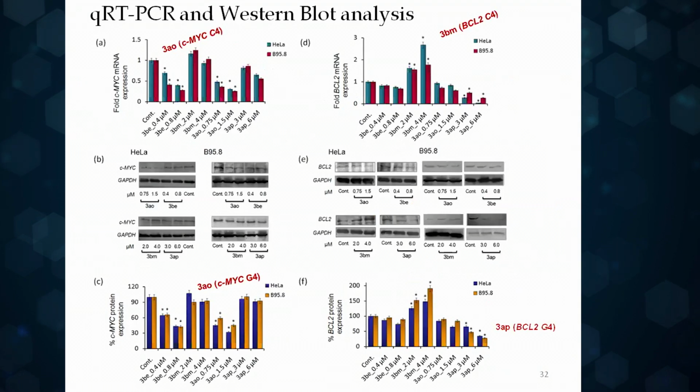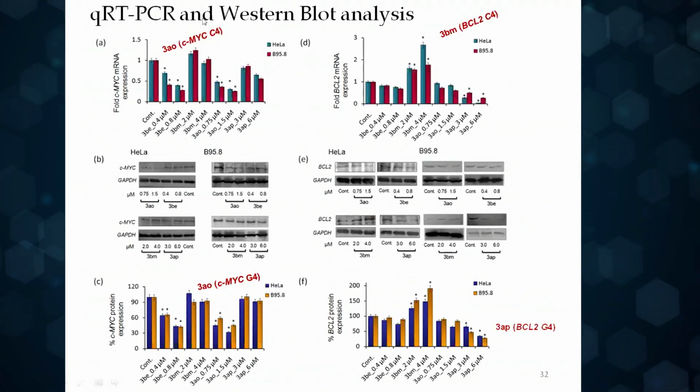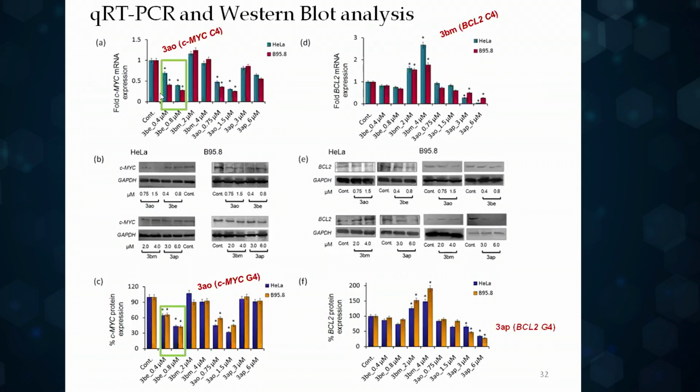Since G-quadruplexes and I-motifs are promising genetic switches to control gene expression, we studied the effect of these ligands on the regulation of gene expression by using qRT-PCR and Western blot analysis. These results show that the c-MYC I-motif lead can reduce the c-MYC expression at both mRNA and protein levels.